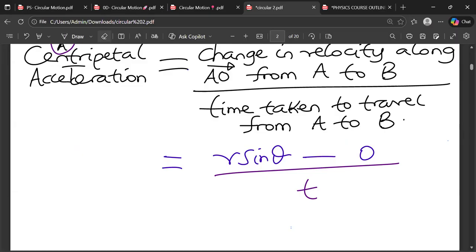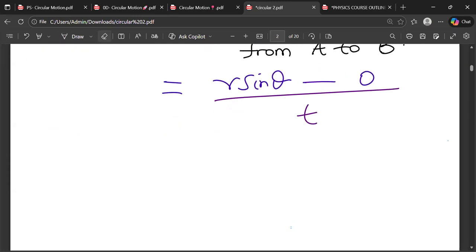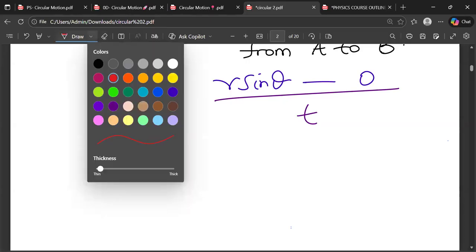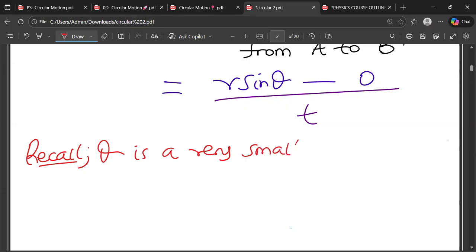Now, mathematics. Remember, our theta is a very small angle in radians. Recall that theta is a very small angle in radians. I want you to get your calculators ready.